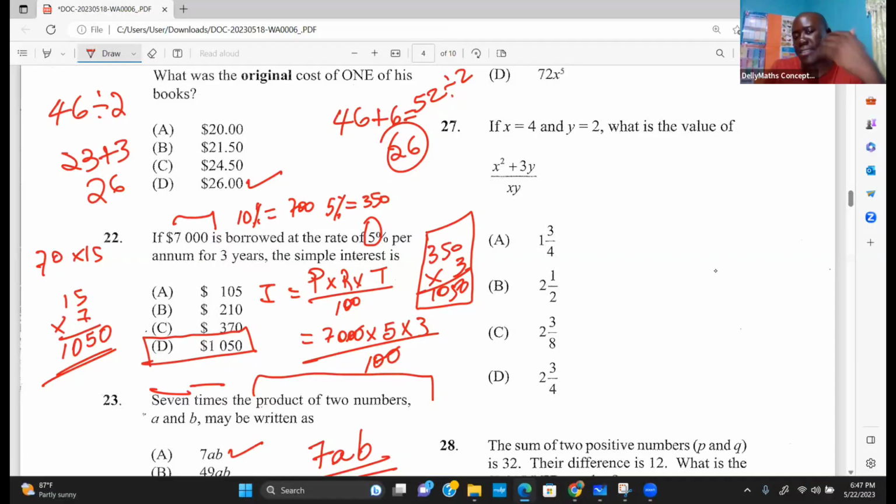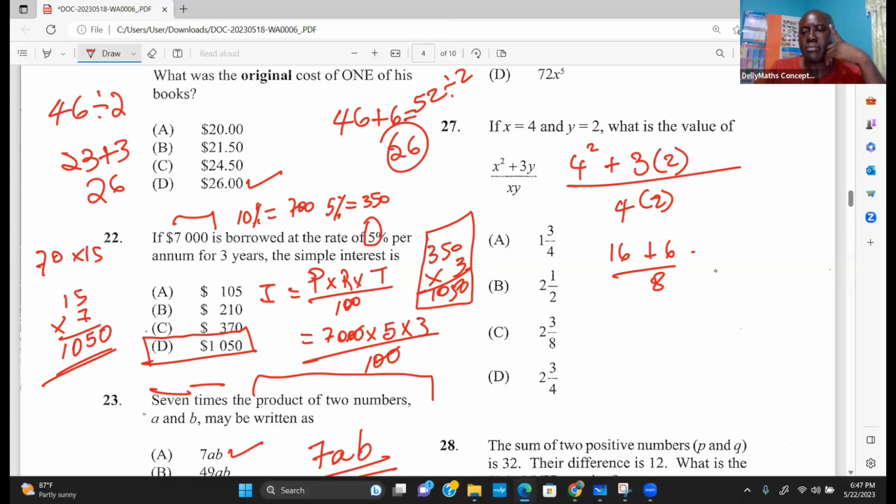Substitution. If x is equal to 4 and y is equal to 2, what is the value of x squared, that is 4 squared, plus 3 times y, 3 times 2, over xy, 4 times 2. 16 plus 6 over 8, 22 over 8 is 11 over 4.